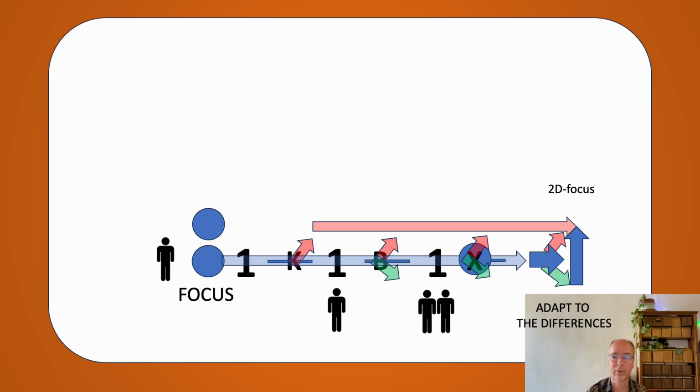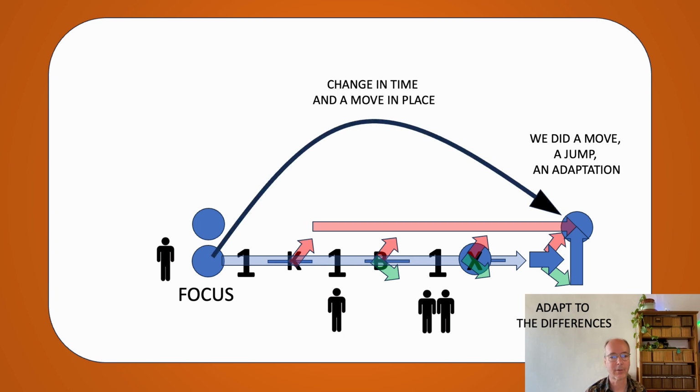What did we have to do for it? When we adapt to a second focus, we place ourselves into a different mindset, into a different place, into a different time frame. We will do a move, we will make a jump, we will make an adaptation, we will make a change over time or in time.